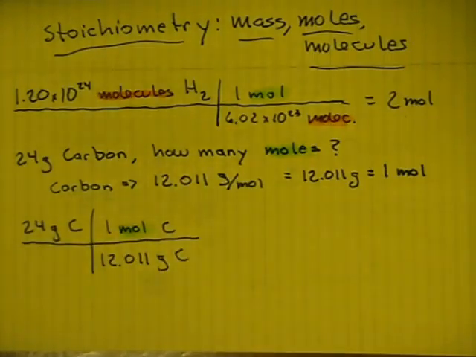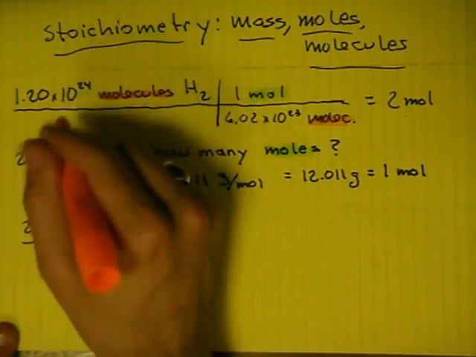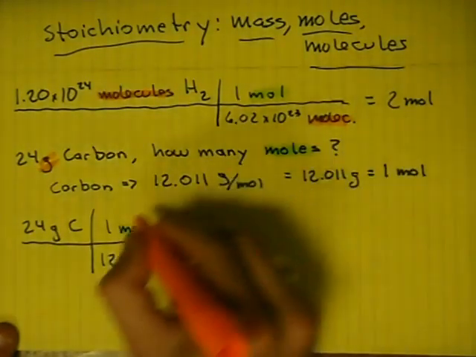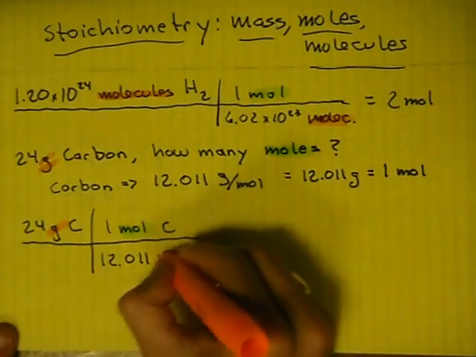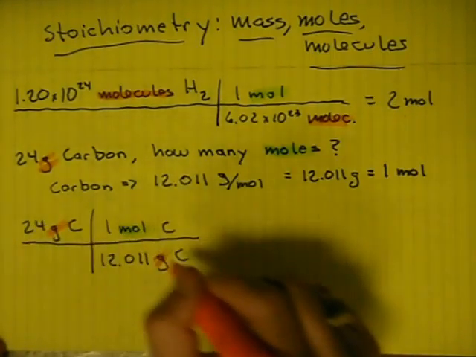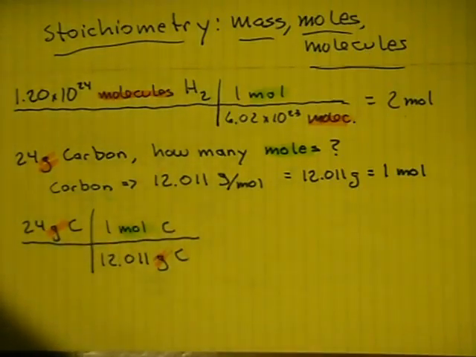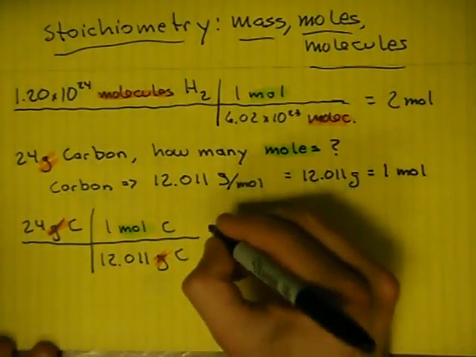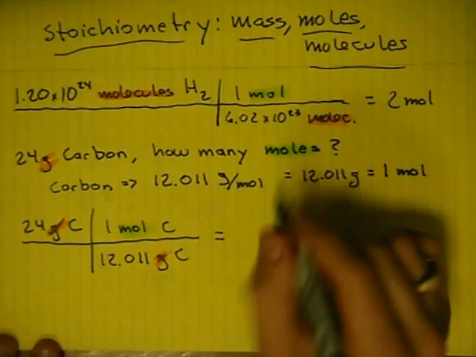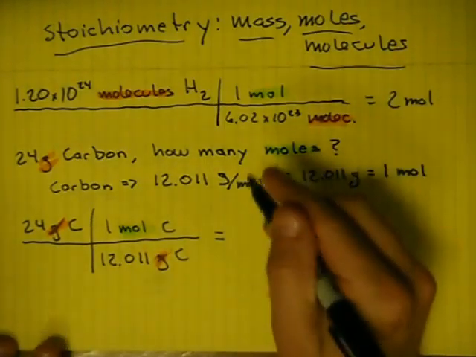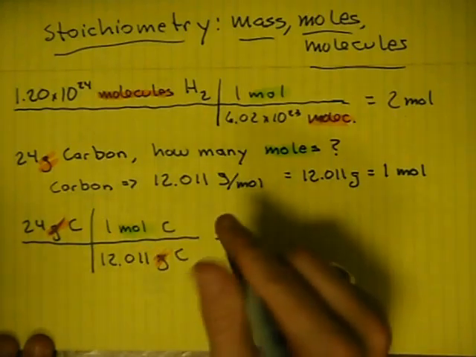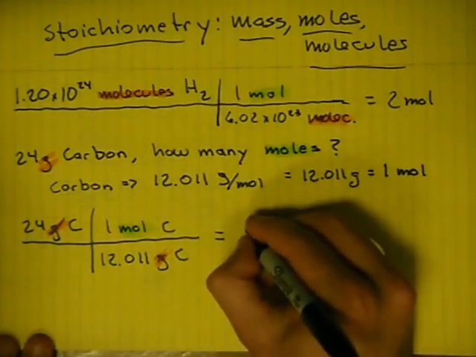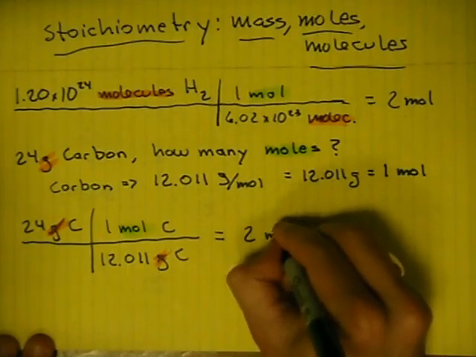And the number that we're given, grams this time, we put on the bottom. So grams, grams. Grams divided by grams cancels out to 1. So the only units that we're left with is moles. And so we punch this into a calculator. I don't have one, but it's awfully close to 12. And so 24 divided by 12 is just about 2. So this tells us that we have 2 moles of carbon.